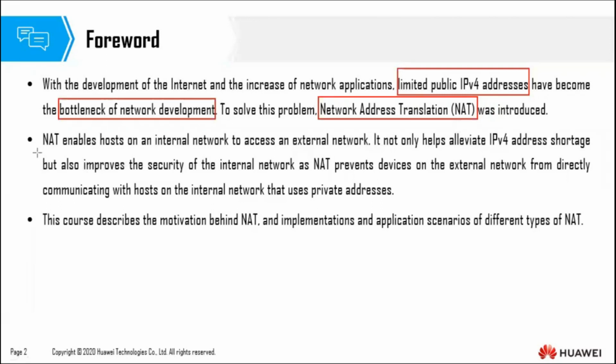NATing. NAT enables hosts on an internal network to access an external network. It not only helps alleviate IPv4 address shortage, but also improves the security. Look here. NATing also does what?